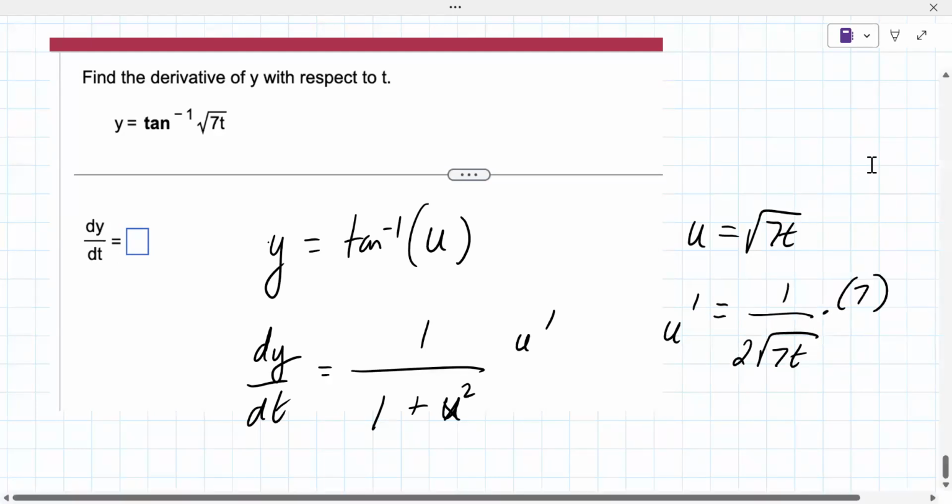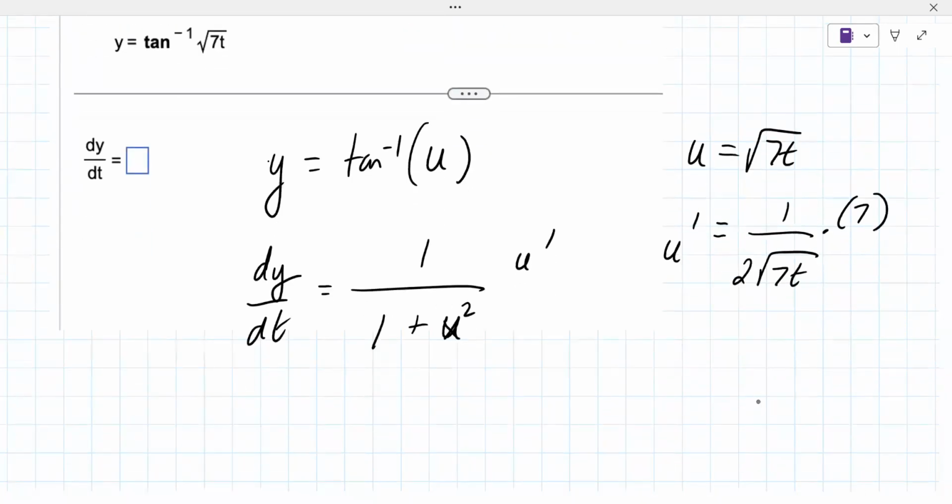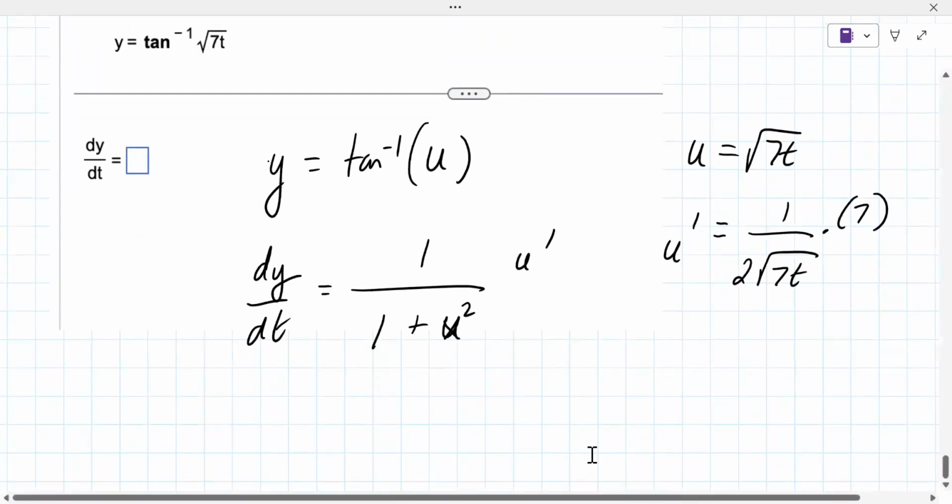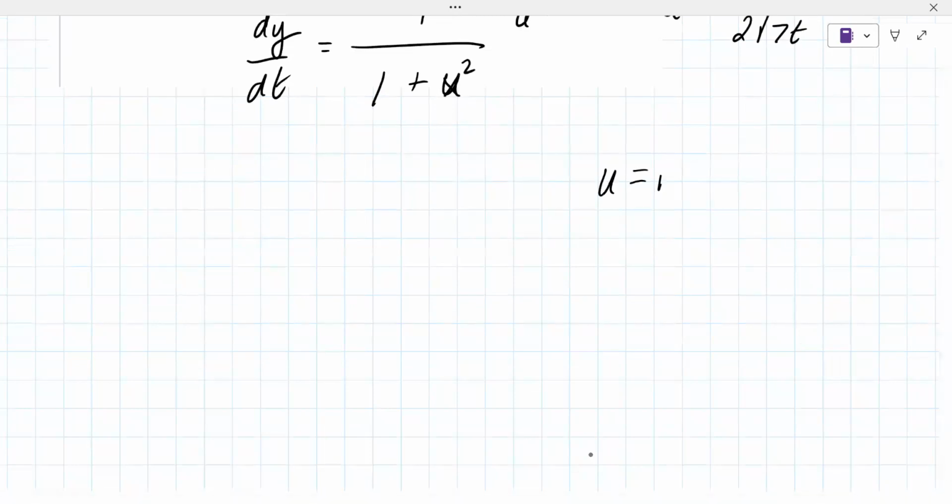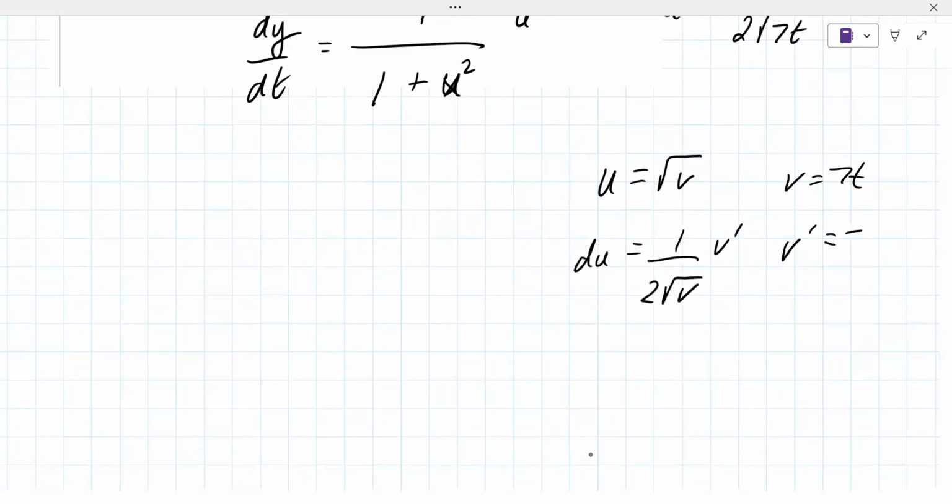So times 7. And if that's unclear, let me do it now. It's really u equals the square root of v, and v equals 7t. So u prime is 1/2 square root v times v prime, which equals 7.